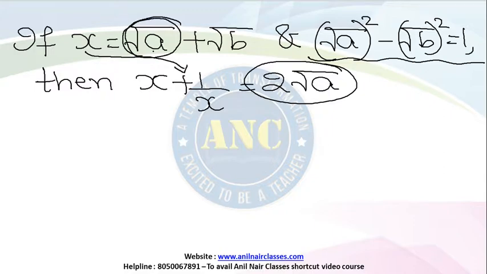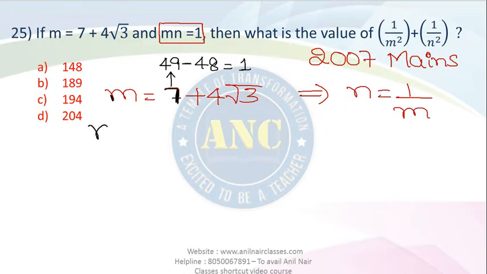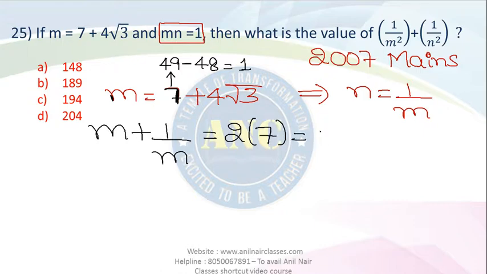Bigger number is nothing but this root a. So similarly here also I can say that m added with its reciprocal 1 by m is nothing but 2 times the bigger number 7. So 2 into 7 is 14. That means I came to know the value of m plus 1 by m in this particular question.